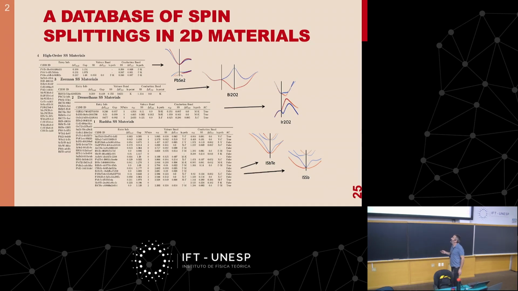Yeah, well, here we have how many. No, it's definitely not all of them. I would say that for you to check this, you have to use an experimental method called ARPES.